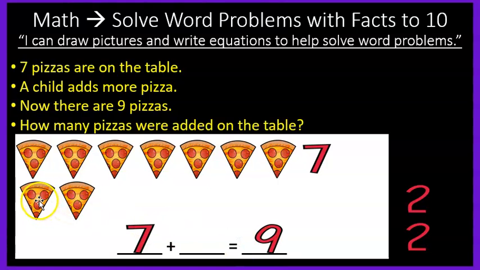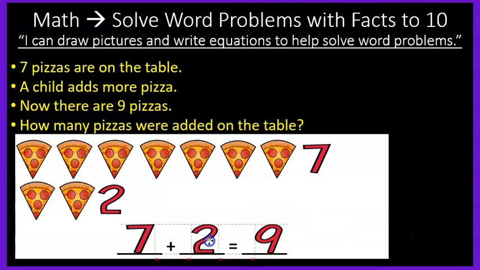Now, boys and girls, how many pizzas now are down here in the second row? 2. So you're going to put 2 here, okay? Now, you found the answer that goes here. What number goes here? 2. And look at that. That is true. 7 plus 2 equals 9.